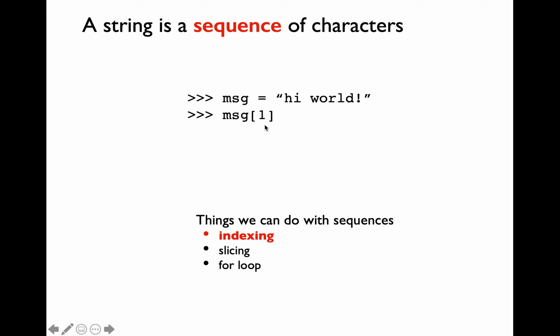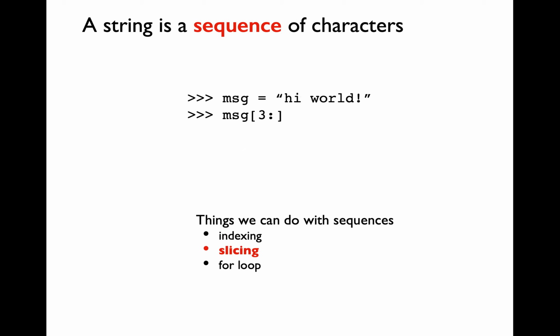What is MSG of 1 going to retrieve us? That's going to be the character i, correct? That's because index position starts at 0 always in Python. MSG of 3 is going to get the character w. That's because we do assign a specific index position for the space character.